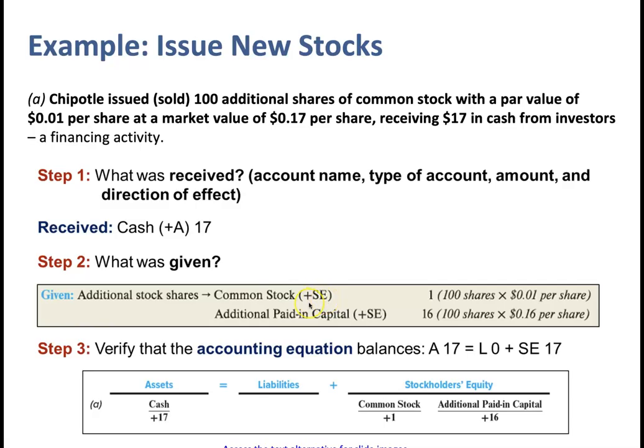How much does it increase? It is 1 cent multiplied by 100 shares. So that's $1. So common stock increased by $1. What else? We receive $17, but common stock only increased by $1. There is $16 of something else that has been increased as well. So what has been increased?